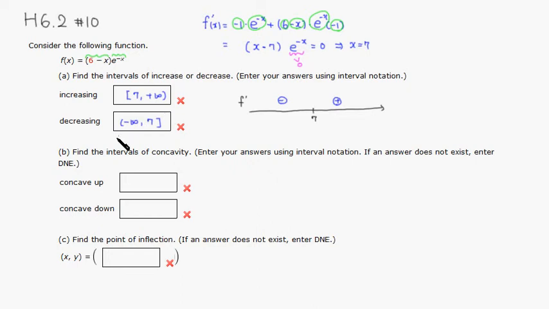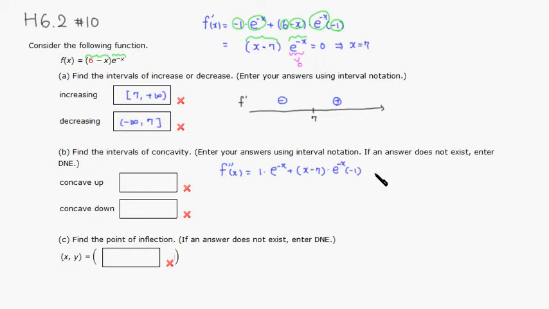Then let's find the interval of concavity, so concave up and concave down. We just have to take another derivative. So f double prime of x is equal to, two things multiplied together. Derivative of the first is 1 times the second, e to the negative x, plus the first, x minus 7, times the derivative of the second, e to the negative x multiplied by -1, just like before.